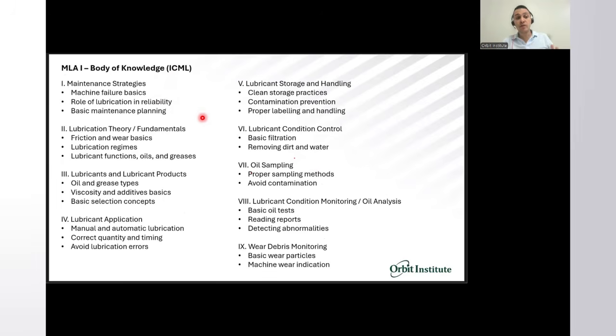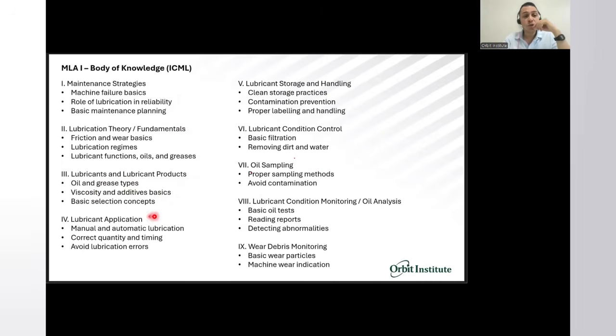Then the theory and fundamentals of lubrication, friction and wear basics, the lubrication regimes, and tribology, which is the science of friction, wear, and lubrication. It covers lubricants and lubricant products, the formulation of oils and grease, physical properties like viscosity index, additive basics, and basic selection concepts.